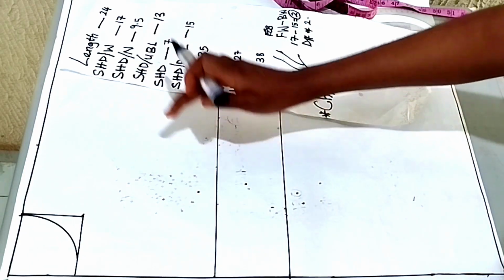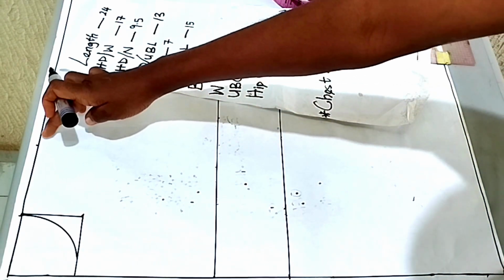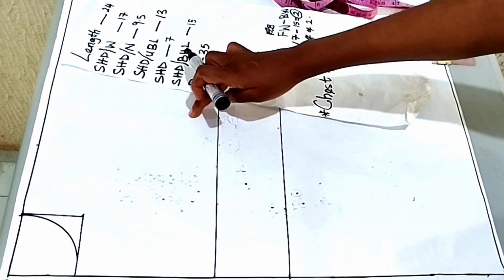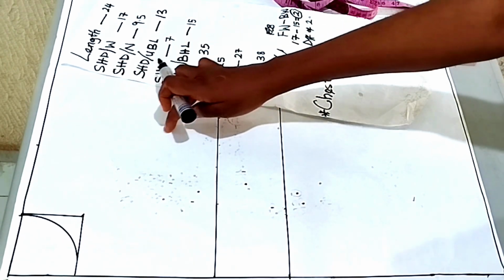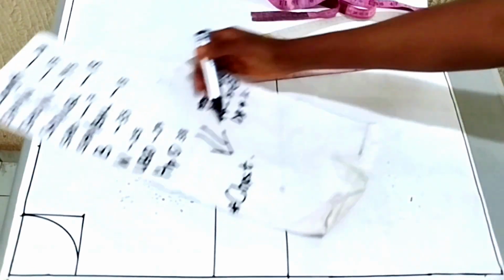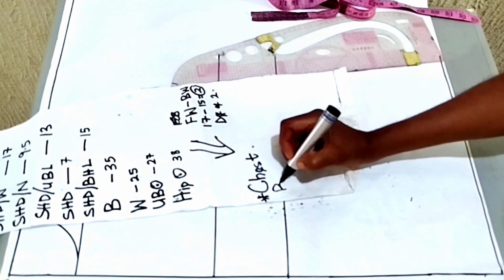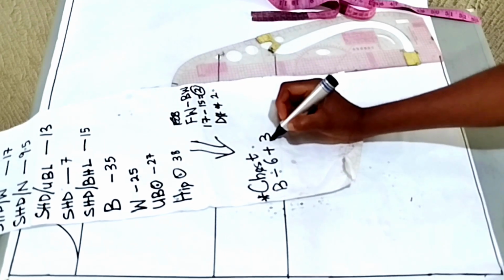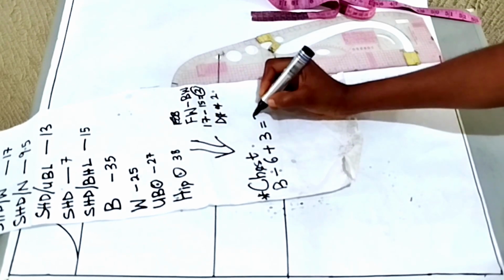so guys, the first method is to divide my bust by 6 plus 1.5 inches. When I get 1.5 inches, I then slope down by 1 inch, then mark my 7.5 inches, which is the result.